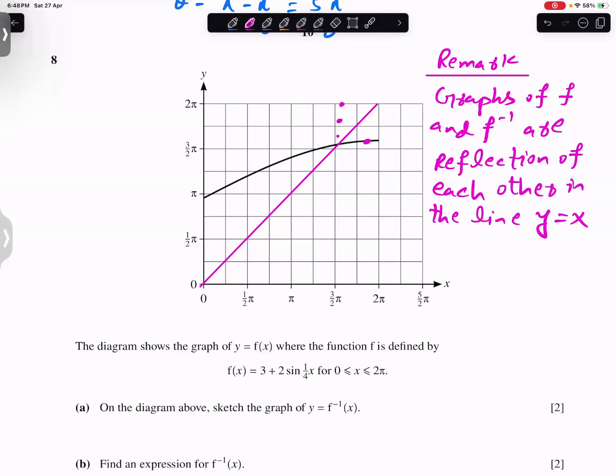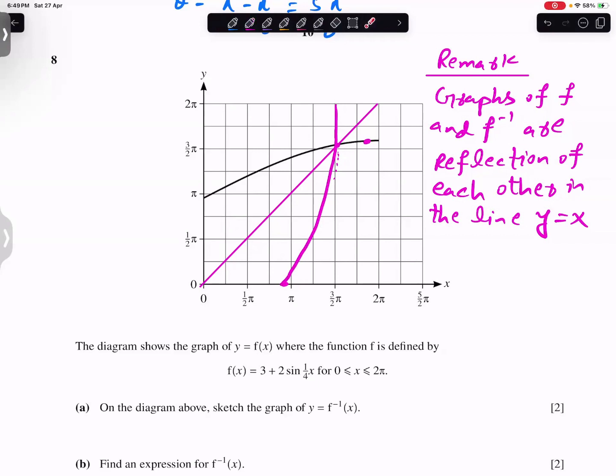And again, if you have this point, so it will be here. So this will be the graph of f inverse.